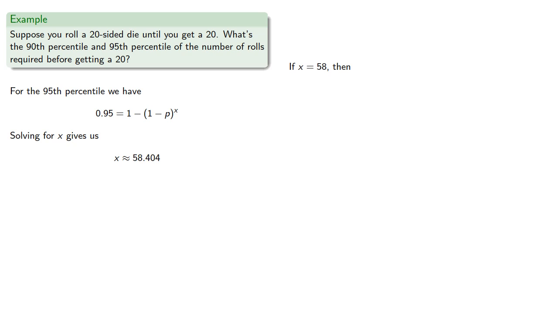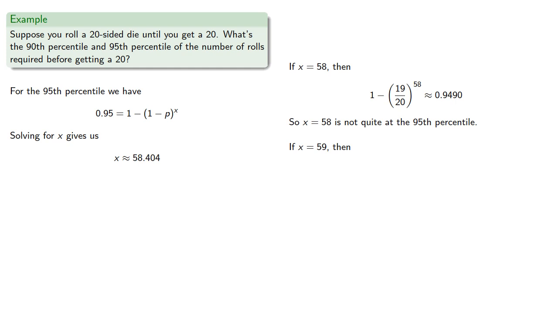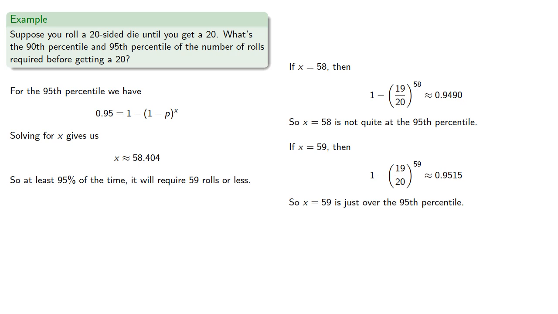If x equals 58, we find, so x equals 58 is not quite at the 95th percentile. So if x equals 59, we are just over the 95th percentile, and so the correct answer for the 95th percentile is 59. So at least 95% of the time, it will require 59 rolls or less.